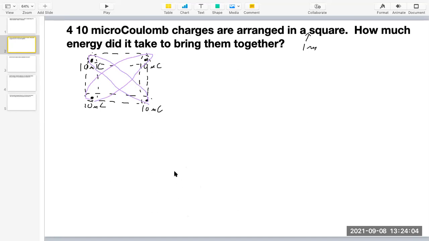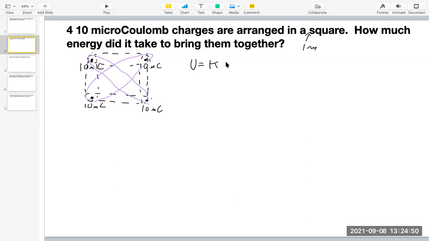So the nice thing about switching to electrical potential as how we're looking at things, instead of electric fields or forces, is that electrical potential is a scalar, not a vector. So when you add electrical potentials together, they don't add like vectors, they add together like adding 2 and 3. Just add them up. So it's going to be the sum of our pairs, which I'm just going to collapse real lazy.